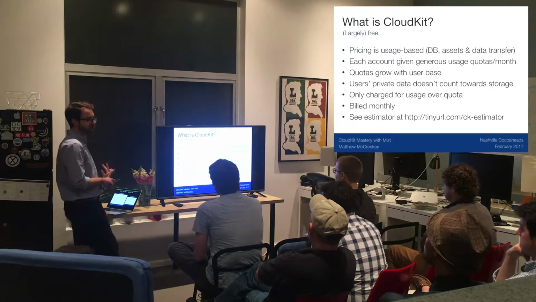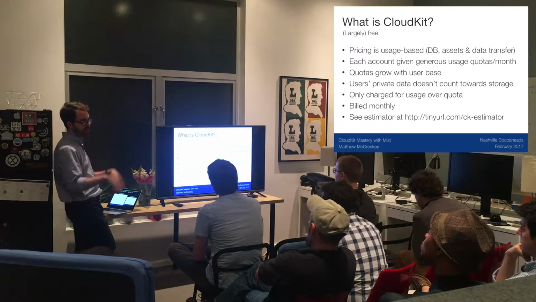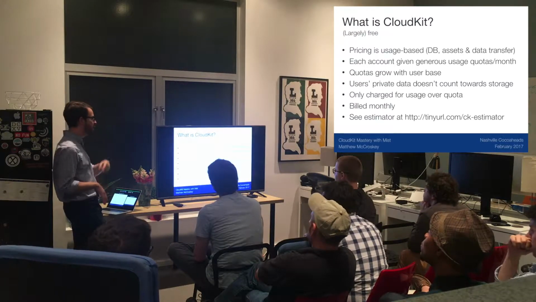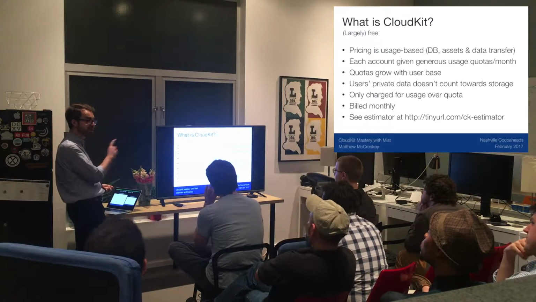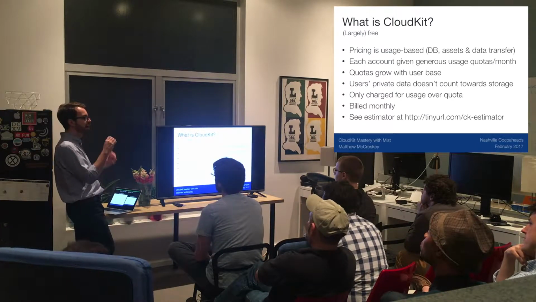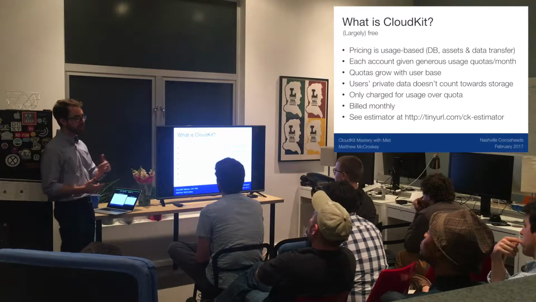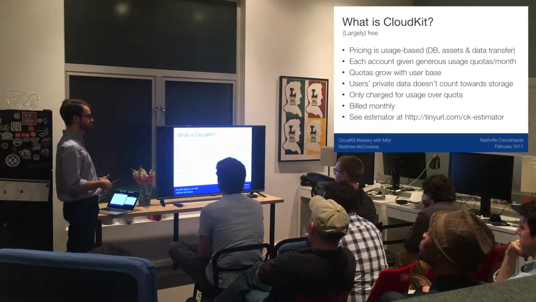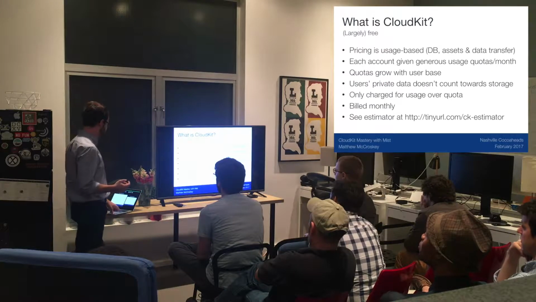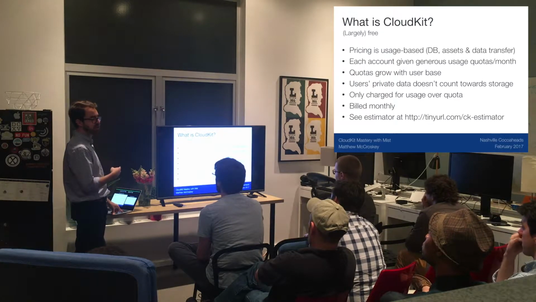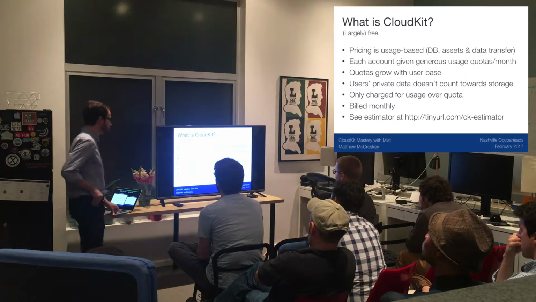But if you go to developer.apple.com/iCloud, there's a whole page on iCloud in general, a bunch of stuff on CloudKit, including this estimator. It's pretty basic. You just slide to how many users you think you're going to have, and they show you how much data you could use with that many users before paying. But it pretty quickly goes close to petabytes. So I think for many people, it would be free, especially if you're not storing any public data, which is also quite common.